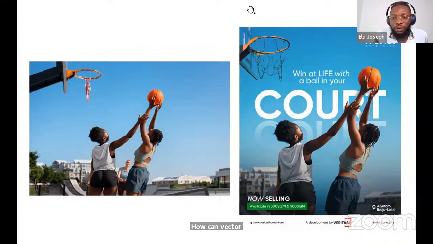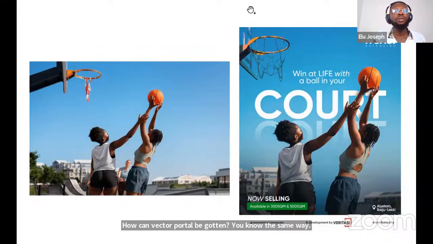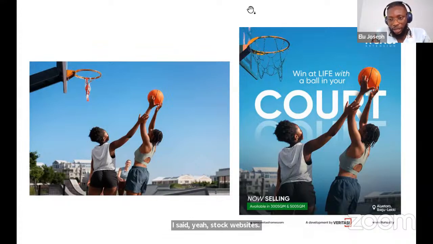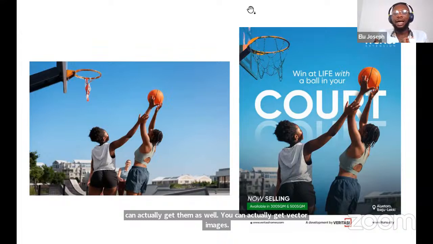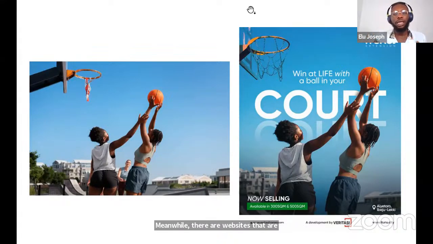The same way I said there are stock websites for images. Interestingly, on those stock websites, you can actually get vector images as well. Meanwhile, there are websites that are solely based on vector images that you can get. And Freepik that I mentioned earlier can give you vector images of very good quality.